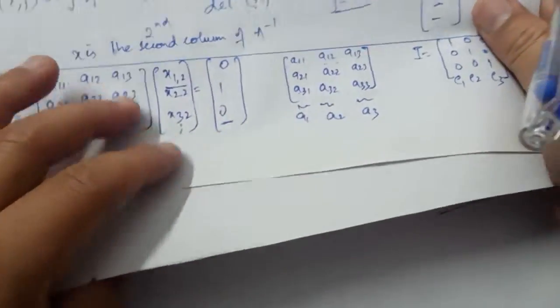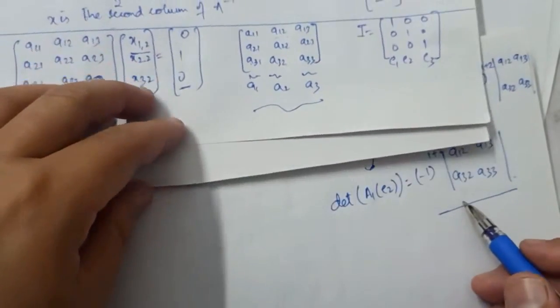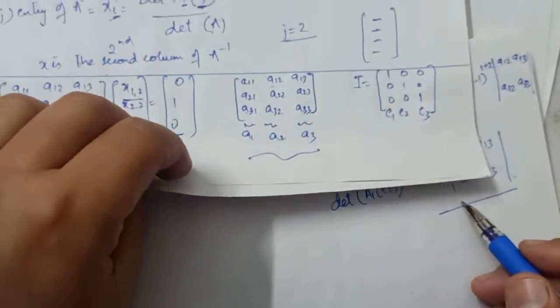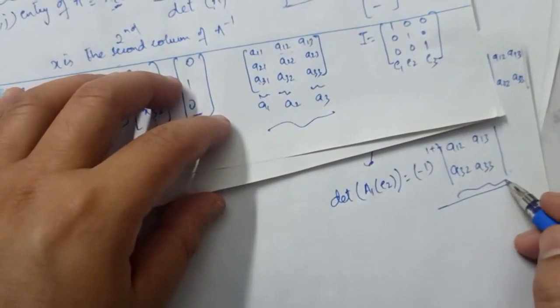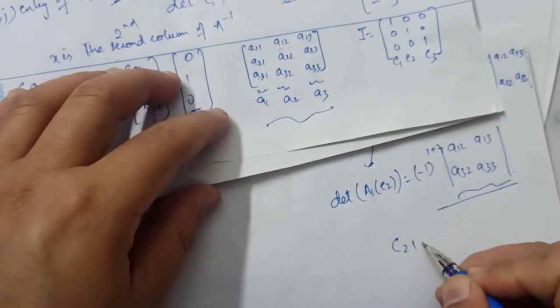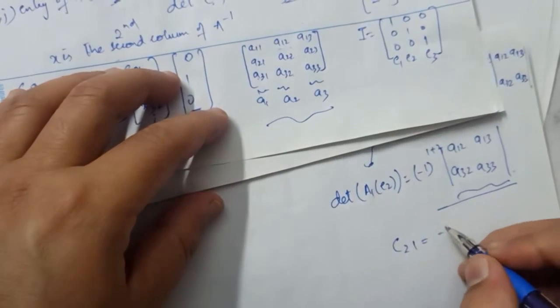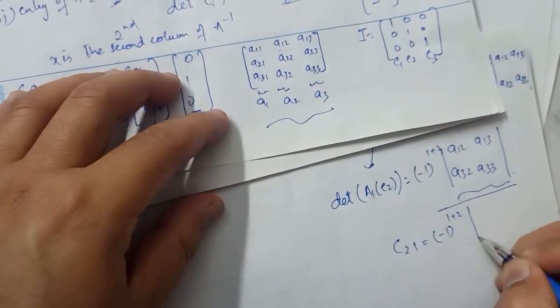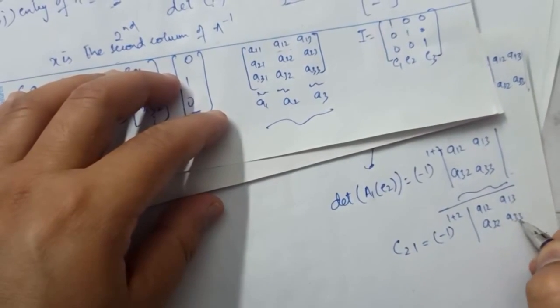Can you see that? This is the cofactor expansion of C21, which is nothing but (-1)^(1+2) times the determinant of A12, A13, A32 and A33.